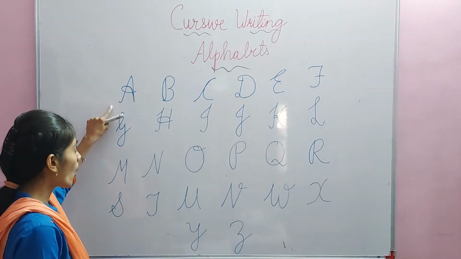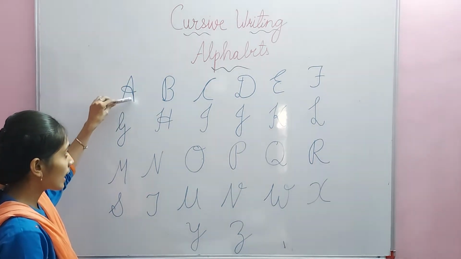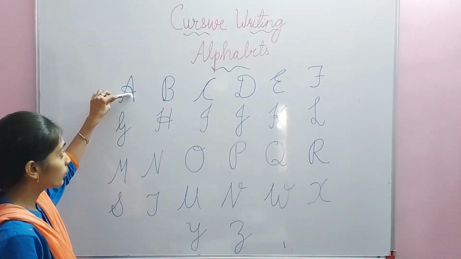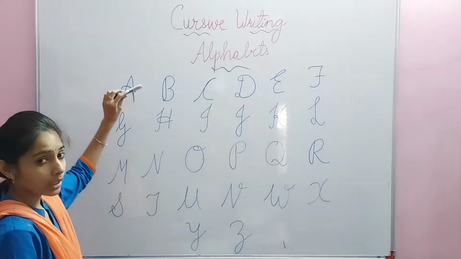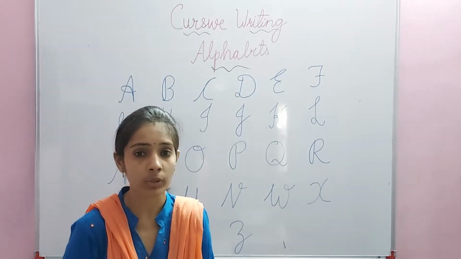A, you have to go up making a slanting line. Then come down again making a standing line. Again go up till the blue line. And then make a curve. I will show you how to write in your book also line by line. Okay, children?